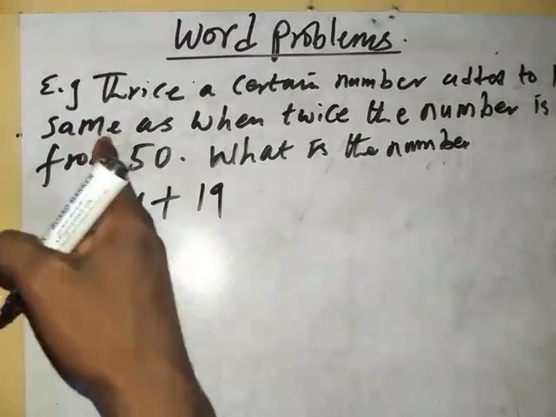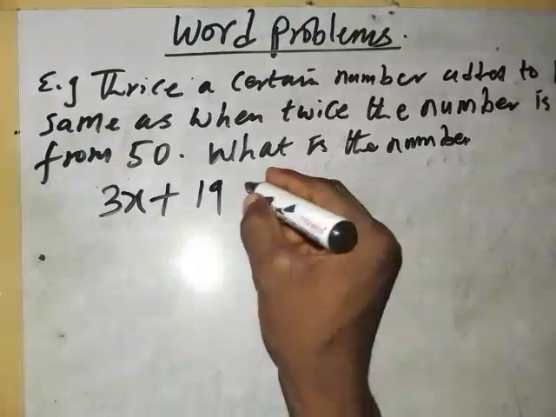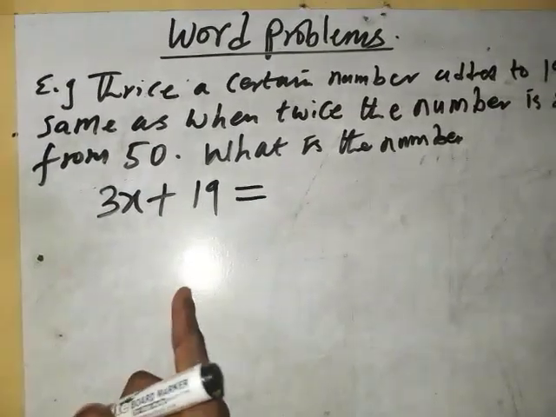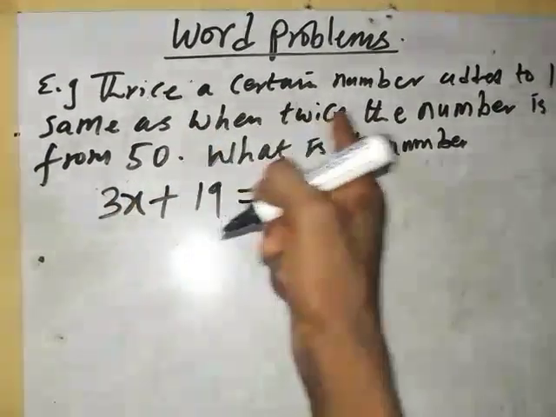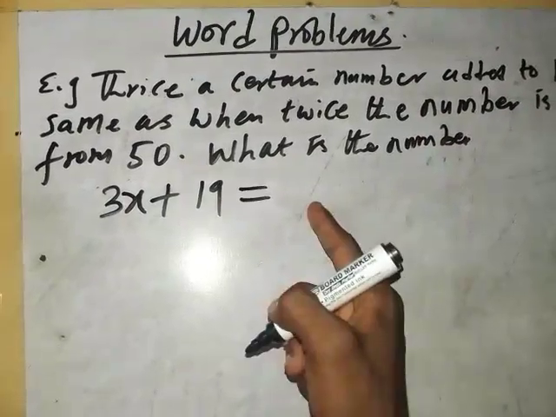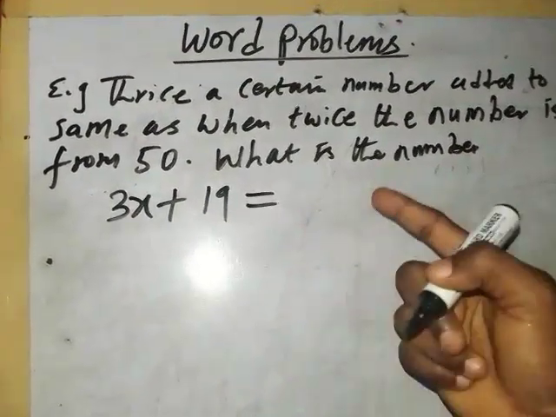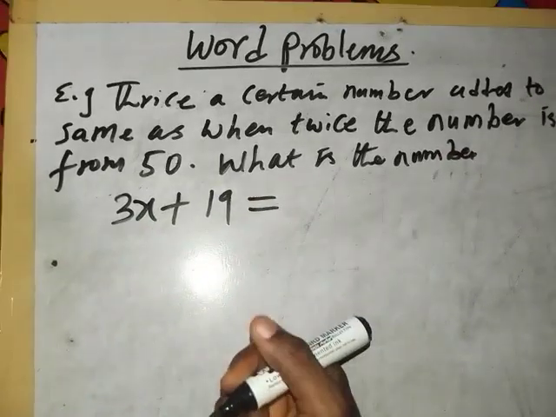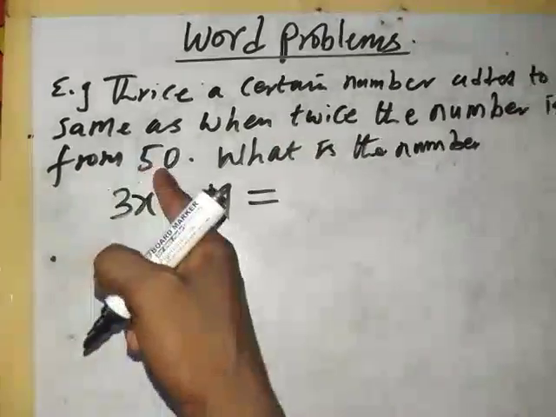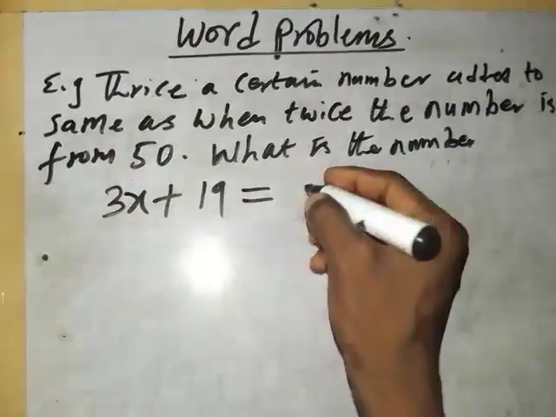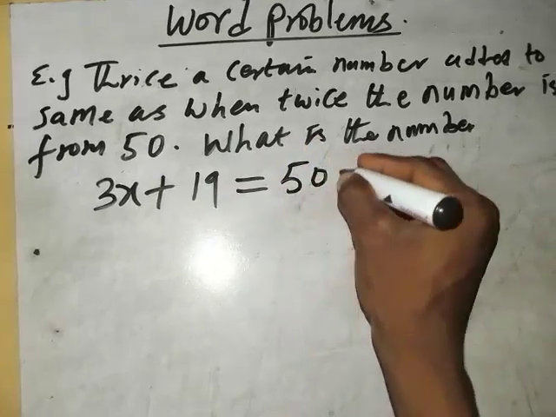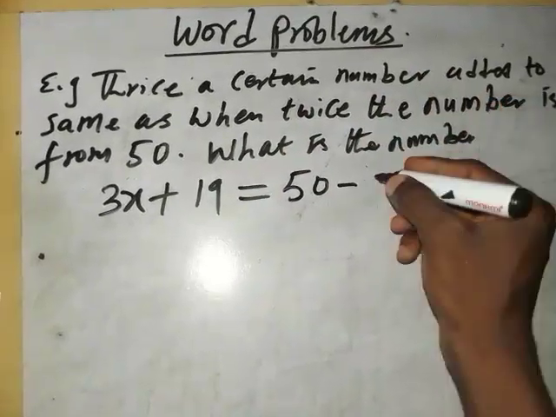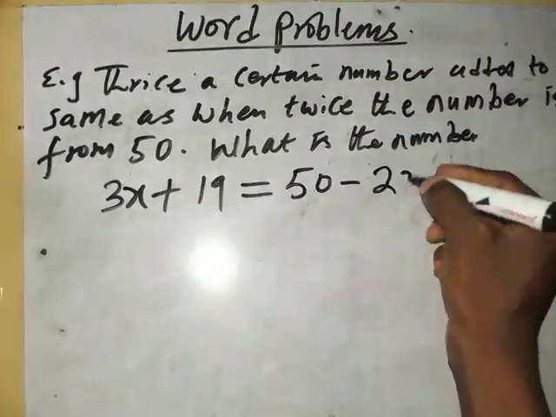It's the same as, remember I said the same as means you should equate, you put the equal sign. As when twice the number, which is 2 times x, is subtracted from 50. Since it is subtracted from 50, it should be 50 minus 2x.